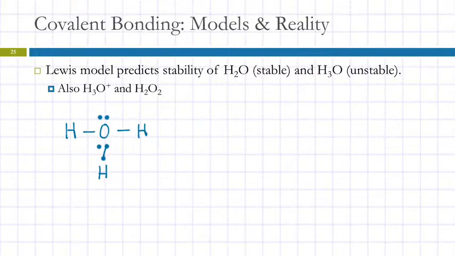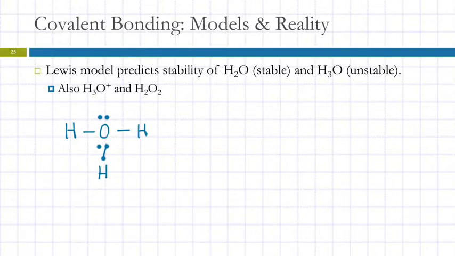How many electrons does the oxygen have? You count the bonds, 2, 4, 6, 8, 9. This is like playing blackjack. 21 is awesome. 22 is horrible, right? You lose. 9 electrons is not good. This cannot be stable because it violates the octet rule.